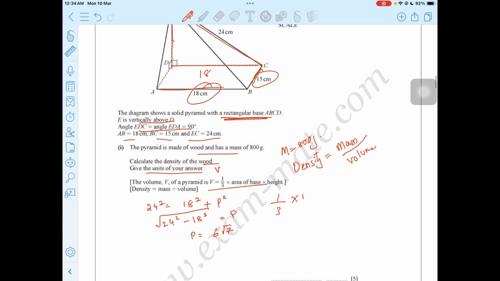So this would be 18 multiplied by 15 multiplied by this 6 root 7, right? So we get our answer as 1428.7057. Okay, so this is basically centimeter cube.